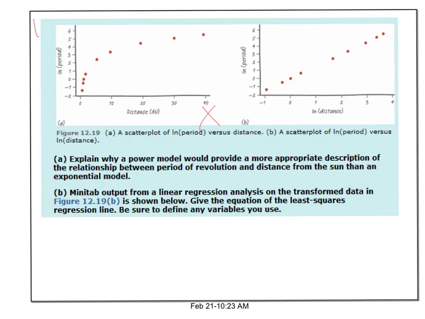This is X, this is ln of Y. This is natural log of X, this is natural log of Y. If you look at the derivations that we did, that's Y. One was for exponential, the other was for power.